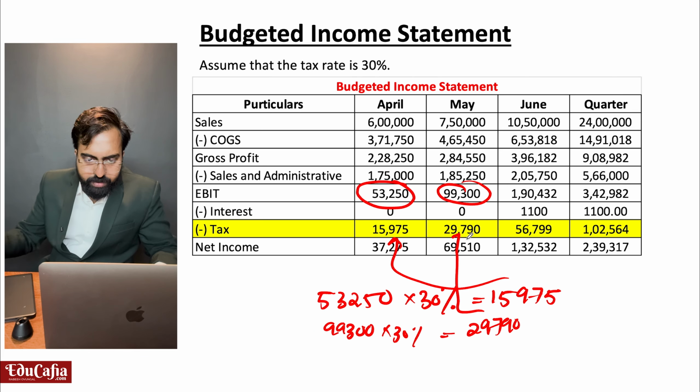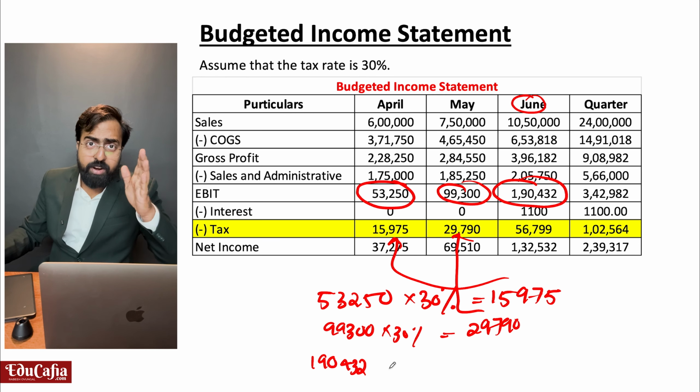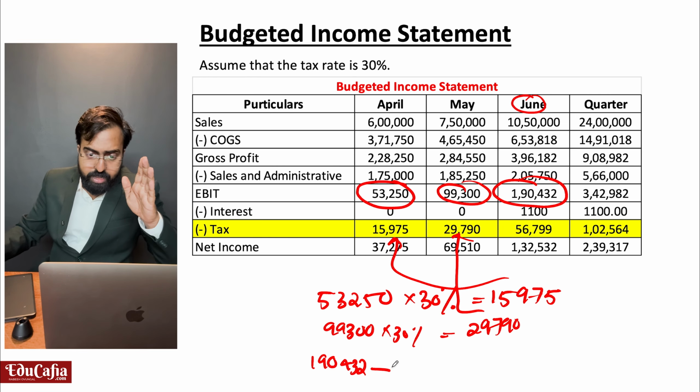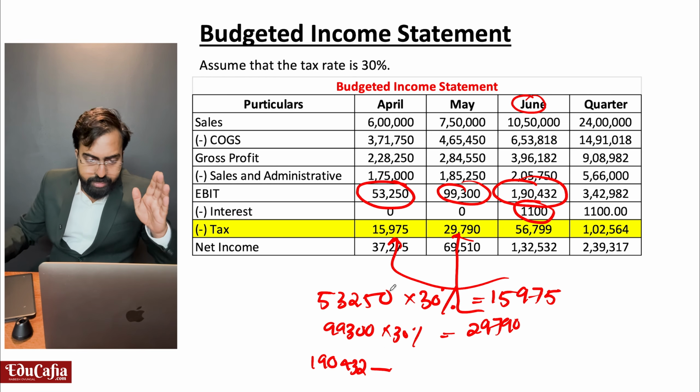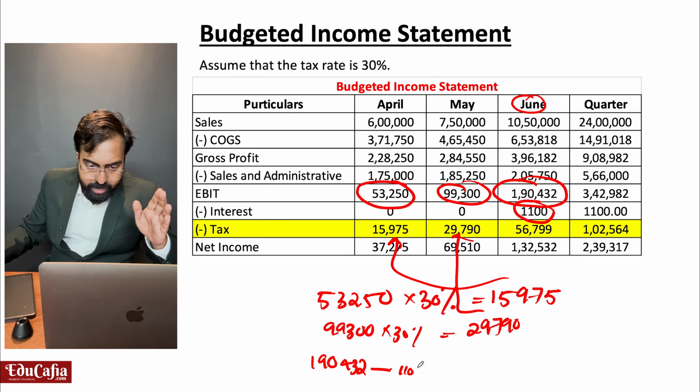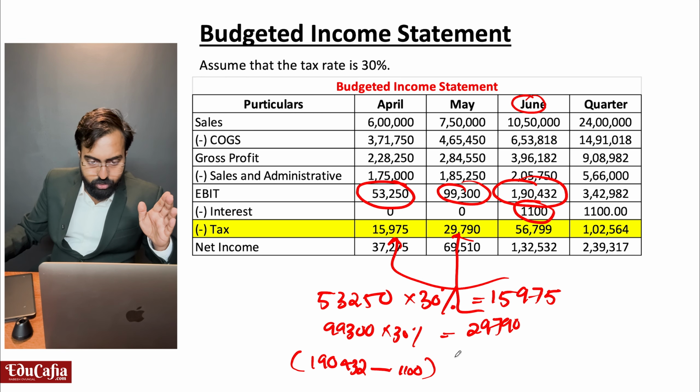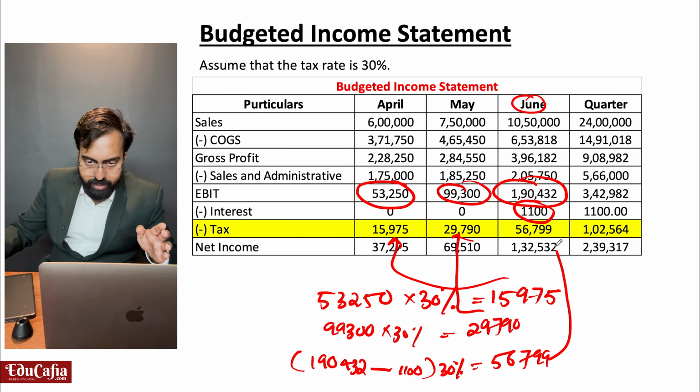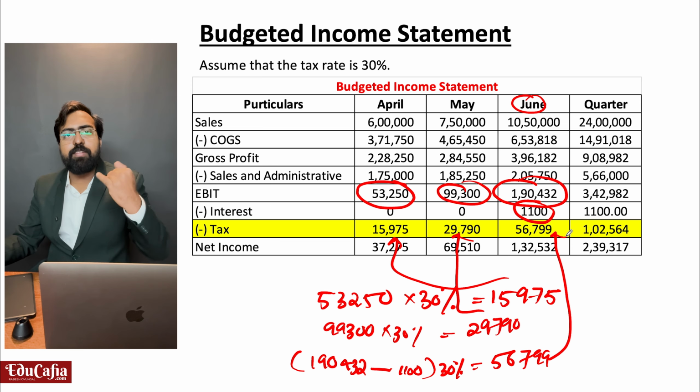And in June, it's 1,19,432. Directly you can't find 30% because there is an interest amount also. We have to deduct 1,100, and 30% of that is 56,799. We got tax also.